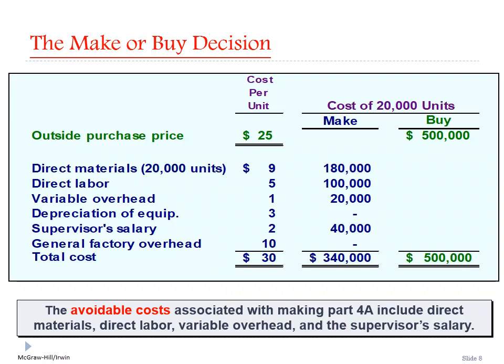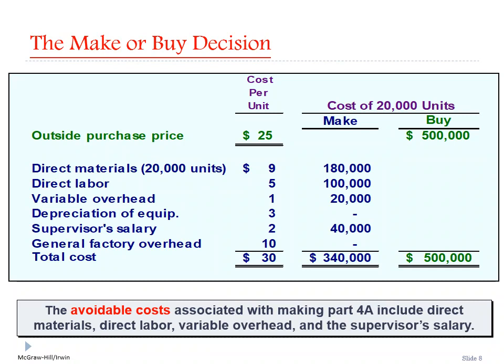The costs that will be involved in this decision will be the avoidable costs only. I will depend on the costs that can be avoided if we are not making this part, which are the direct material, the direct labor, the variable overhead, and the supervisor's salary. OK. These are the avoidable costs. The total of these costs equals 340,000.